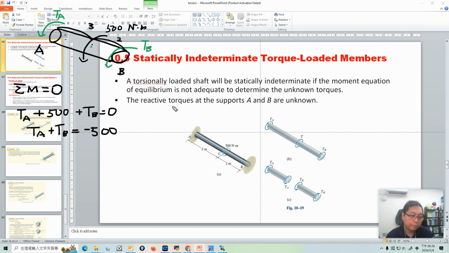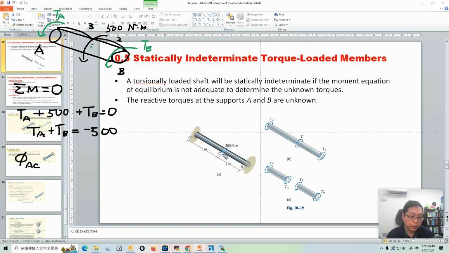I apply a torque here, and I will have the angle of twist in section AC. I also have the angle of twist in section CB. Understand that?